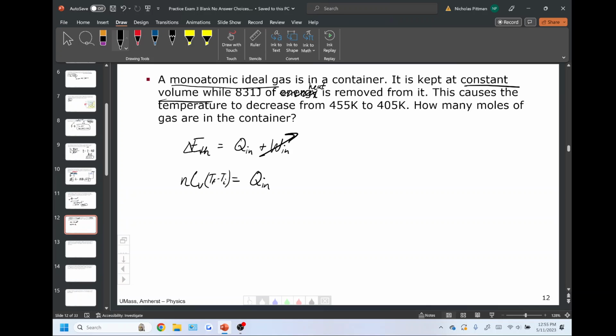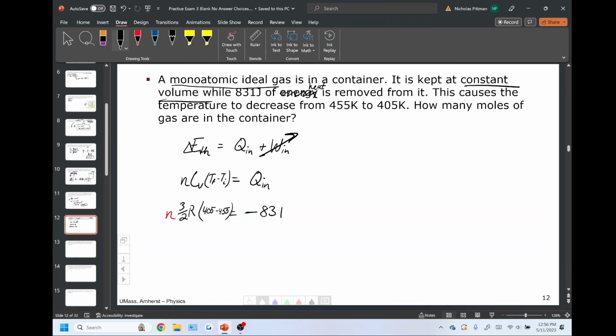All right, Q in is negative 831 because heat is removed. N is the variable we're looking for. C_V for a monoatomic gas is 3/2 R. T final is 405. T initial is 455.